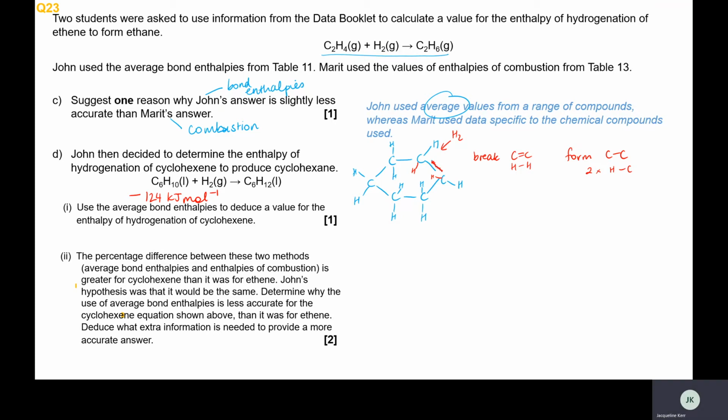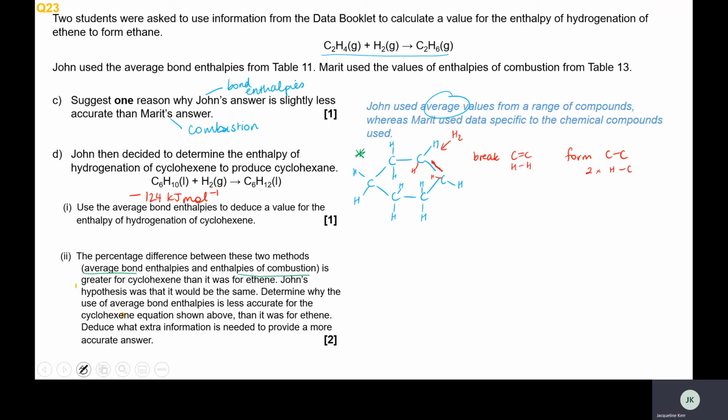So that's our first part. And then this part here is kind of evaluating that a little bit, saying that the percentage difference in the two methods. So if you calculate the averages, or if you do it Marit's way using combustion, you get a bigger difference between the two values for this one, for cyclohexene, than you do for ethene. Why might that be the case?